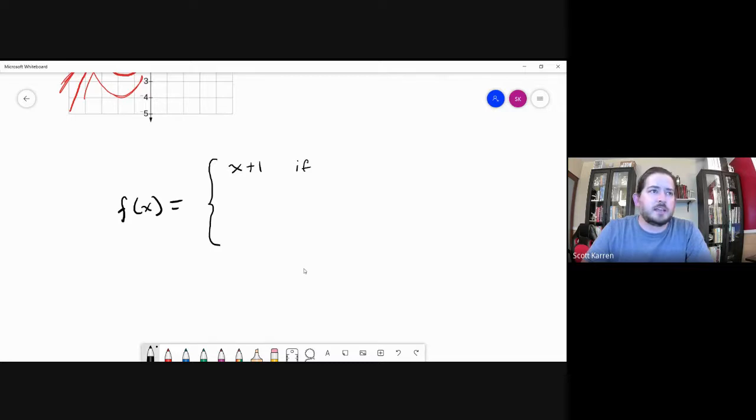But here, let's say if x is less than -3, and then let's call it x squared if x is between or equal to -3 and 2. And then let's just say it's constant after that, if x is greater than or equal to 2.